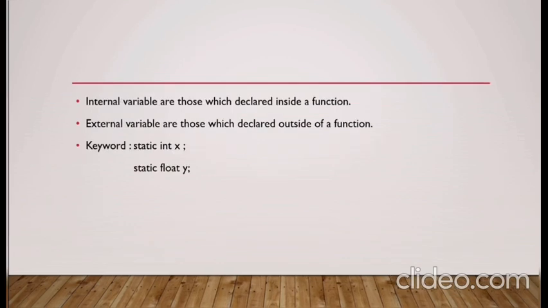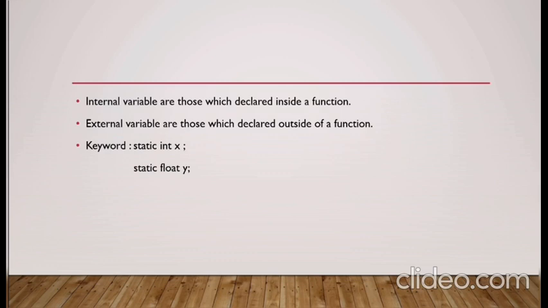Internal static variables are those which are declared inside a function. The scope of internal static variable extends up to the end of the function in which they are defined. Therefore, internal static variables are similar to auto variables except that they remain in existence throughout the remainder of the program.